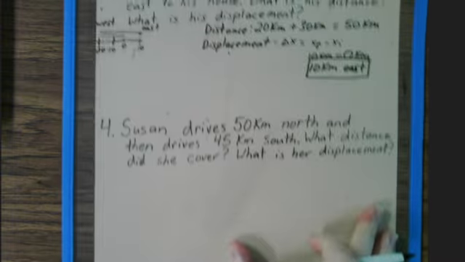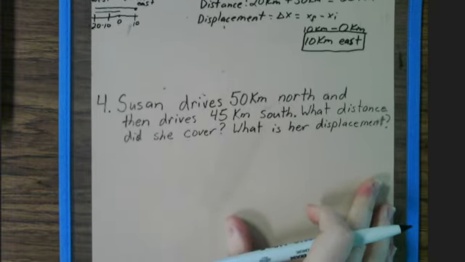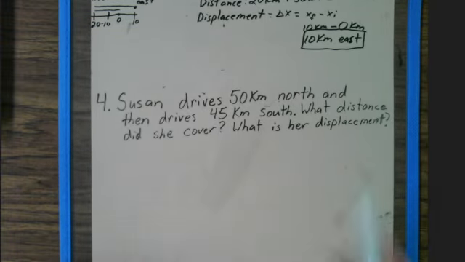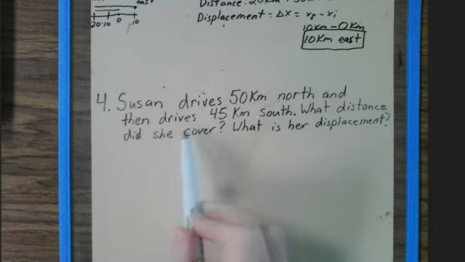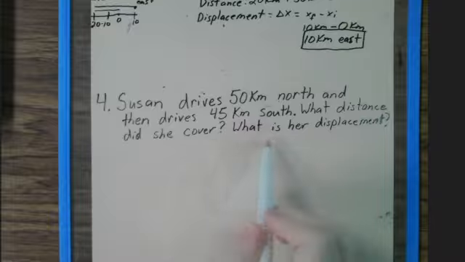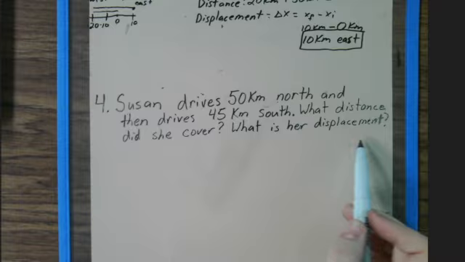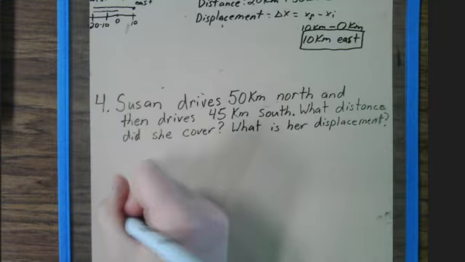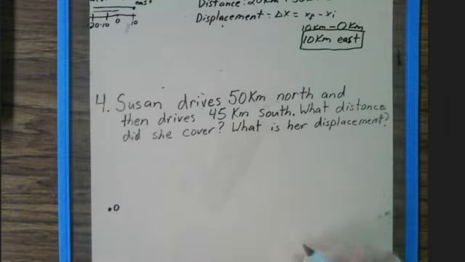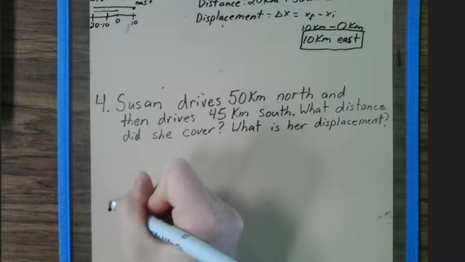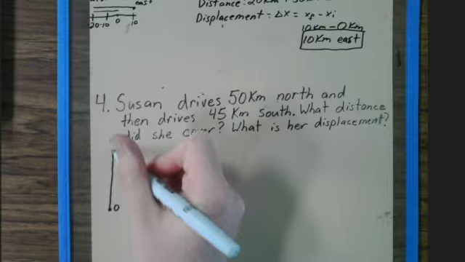Let's look at another one. Number 4. Susan drives 50 kilometers north and then drives 45 kilometers south. What distance did she cover? What is her displacement? So she starts here at 0. I'm going to draw it first. She goes north. North is up about 50.